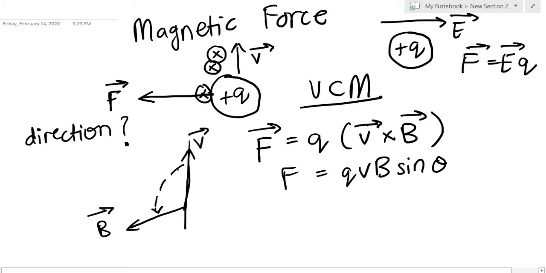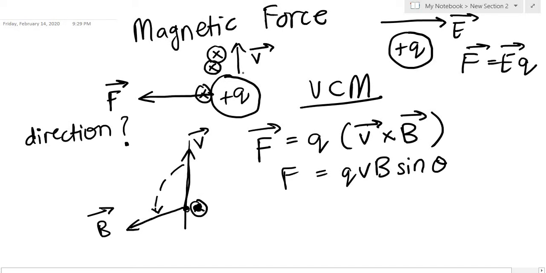towards the second vector, and then you raise your thumb, and the direction that your thumb is pointing, in this case it's emerging out of this point, is the direction of the force.